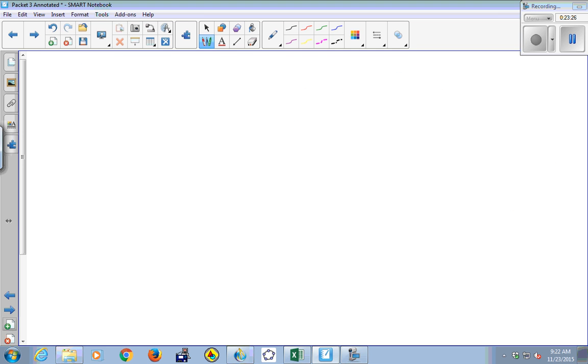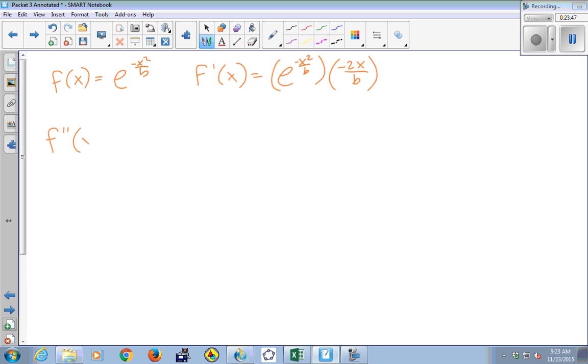All right, so let's see. F of x was e to the negative x squared over b. F prime of x was e to the negative x squared over b times negative 2x over b. So I'm going to take the second derivative now. How am I going to take the second derivative of this? The product rule. Yep.